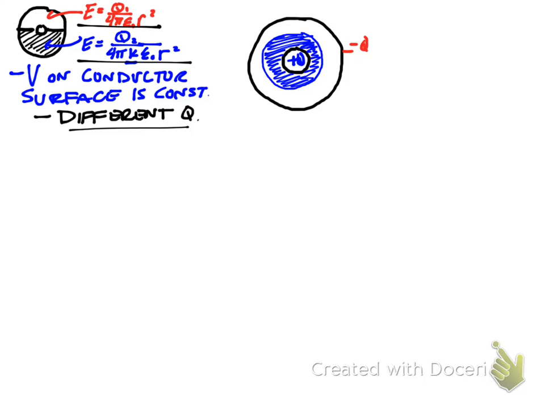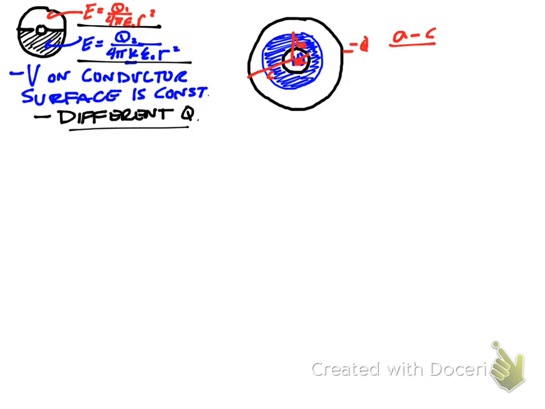So if we call the first radius A, and the next radius B, and that little one C. Ignore that. We're going to call this A, call that B, we're going to call that C. So we have different regions for the electric field.